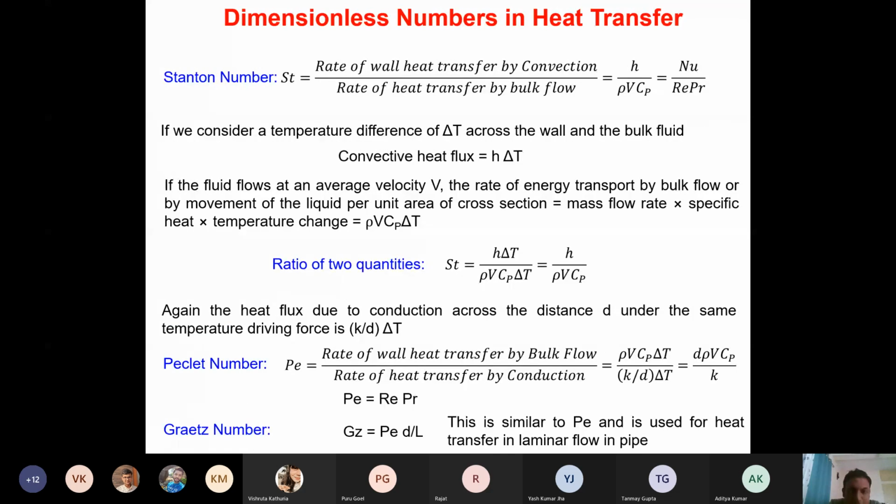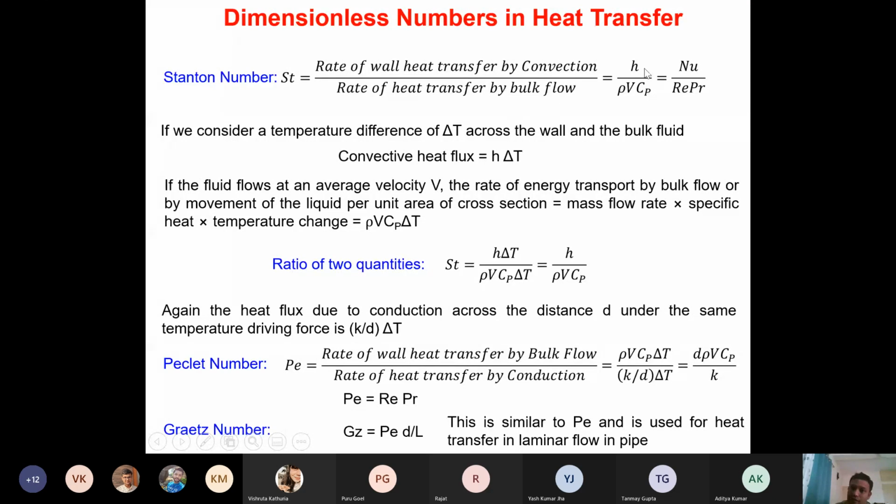Okay. Now let us look at the third dimensionless number. Third dimensionless number is the Stanton number. Stanton number is defined in this case as rate of wall heat transfer by convection divided by rate of heat transfer by bulk flow.